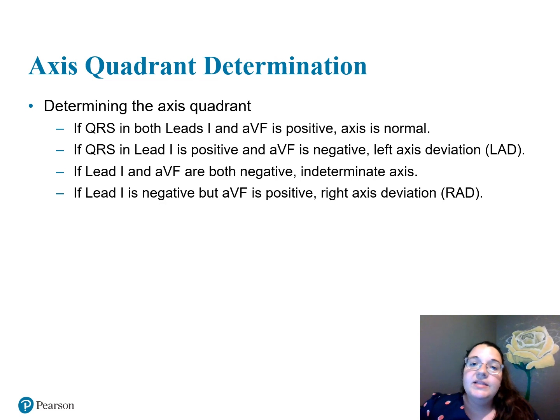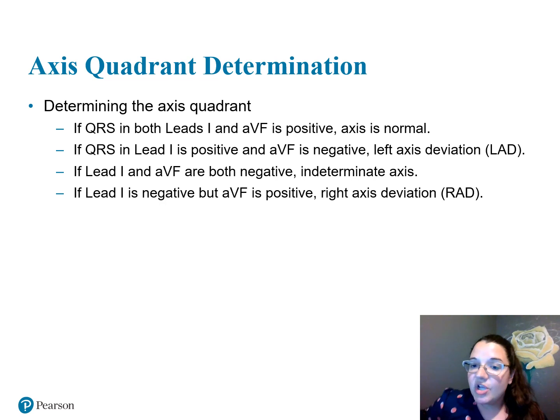So to determine the axis quadrant, if both leads 1 and AVF are positive, I am normal. If lead 1 is positive, AVF is negative, I am LAD, left axis deviation. If they're both negative, I am indeterminate. And if lead 1 is negative and AVF is positive, I am RAD.